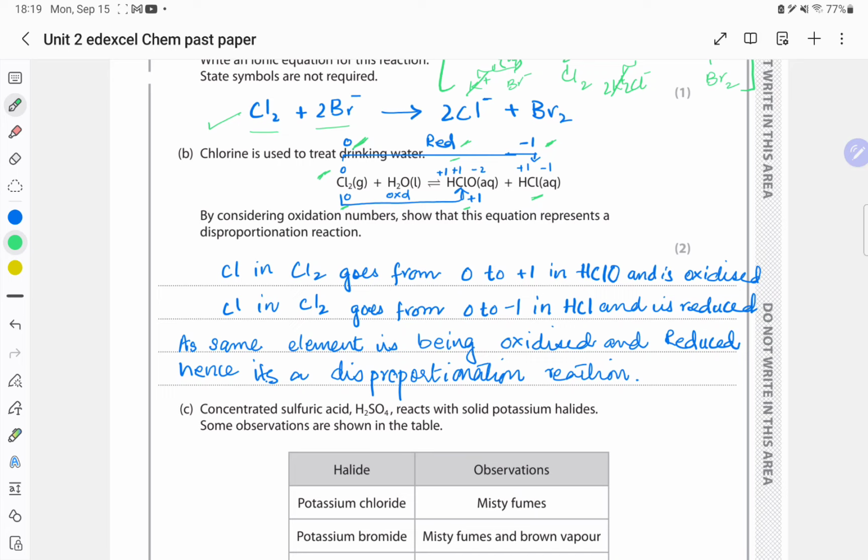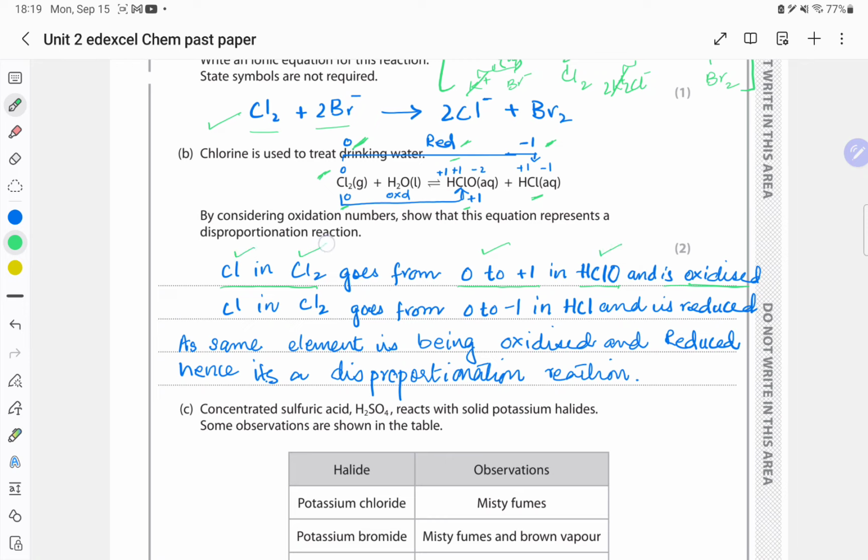So you have to write all the possible transitions. Like you have to say that Cl in Cl2 goes from 0 to +1 in HClO and is oxidized. So in this way you are going to get 1 mark. You need to explain that either it is going to be oxidized or it's going to be reduced, and from which oxidation number to which oxidation number, and in which compound we are talking about.